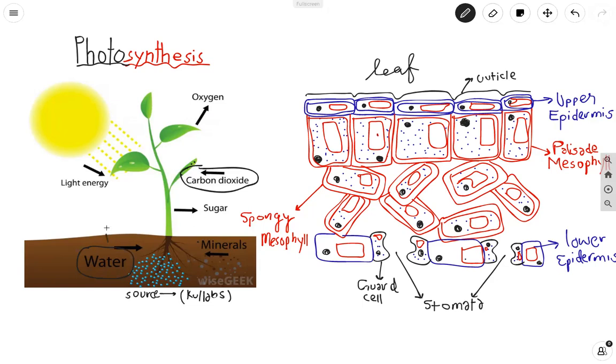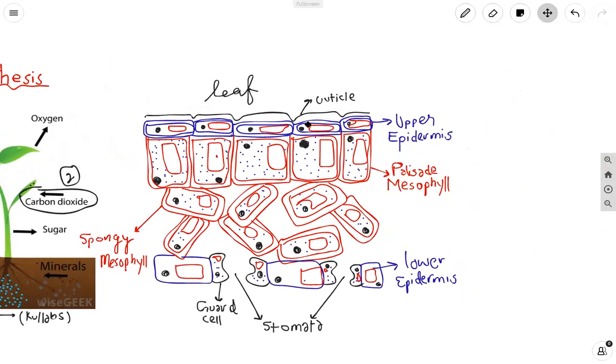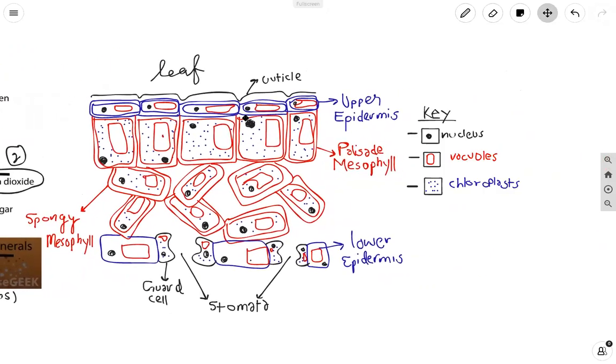And these two, water and carbon dioxide, are the raw materials needed for photosynthesis. Today we will be taking a better look at the cells involved in photosynthesis. But first, let's take a look at this diagram we have here.